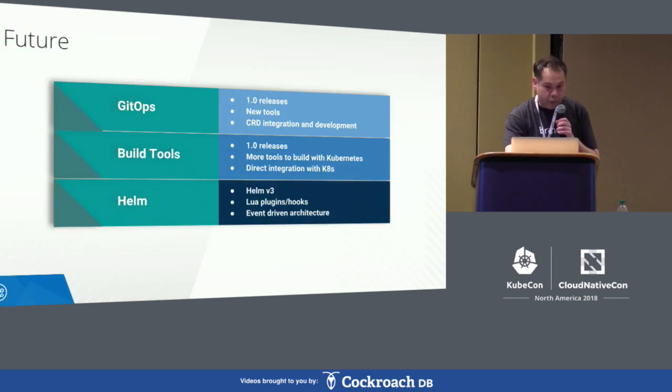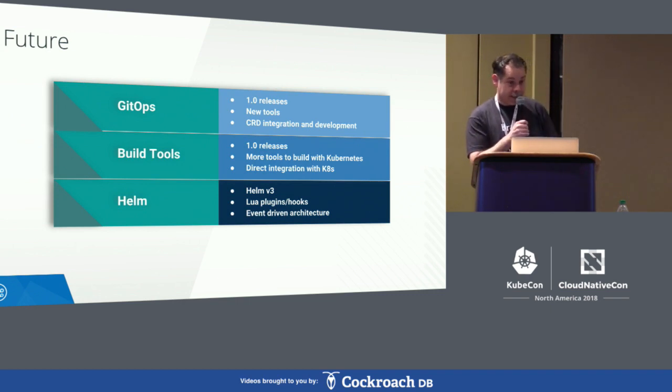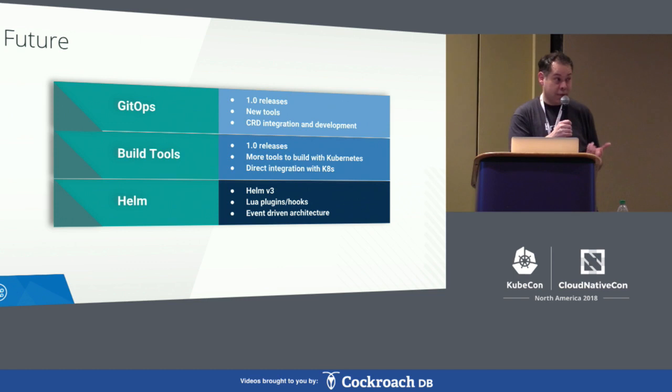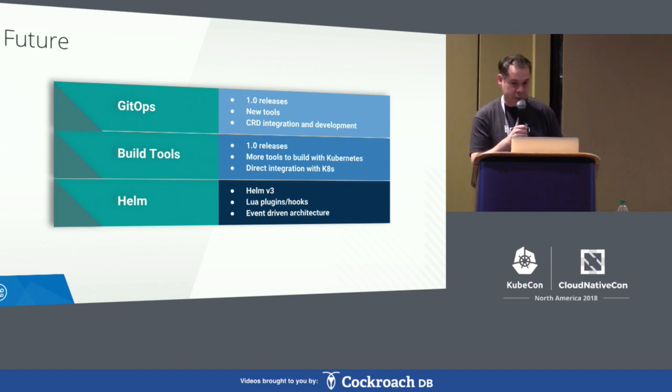So for the future, what do we see with some of these tools with GitOps? We'll see more 1.0 releases, as a lot of these tools have 0.x releases, so maybe only Flux and Argo have later releases. And then we'll see maybe newer tools, possibly tools to integrate with each other, or maybe having a custom resource definition in Kubernetes, or different resource definitions in Kubernetes.